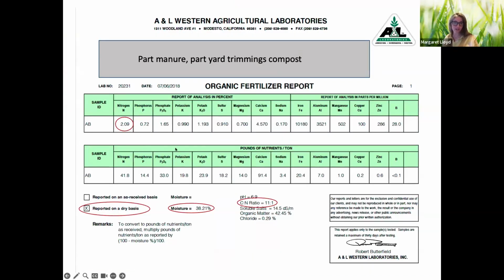Here's another soil analysis. So this is a part manure, part yard trimmings compost. This was a 2% nitrogen. It was reported as a dry basis. The moisture is about 38%. It had a C to N ratio of 11 to 1.